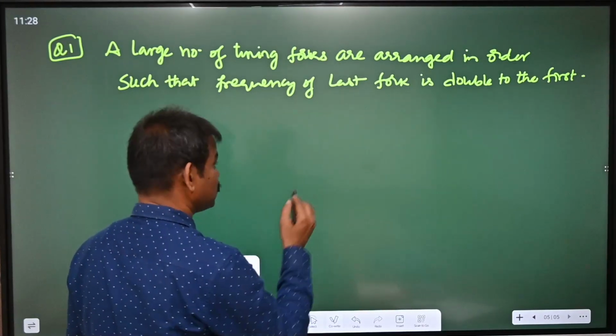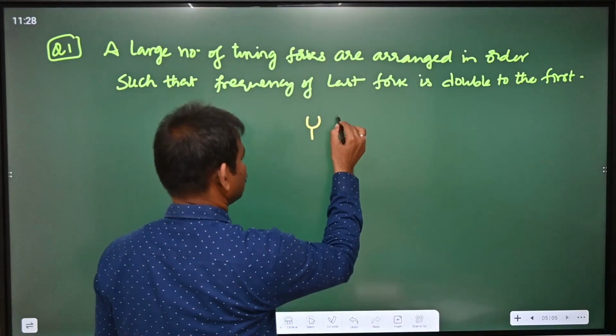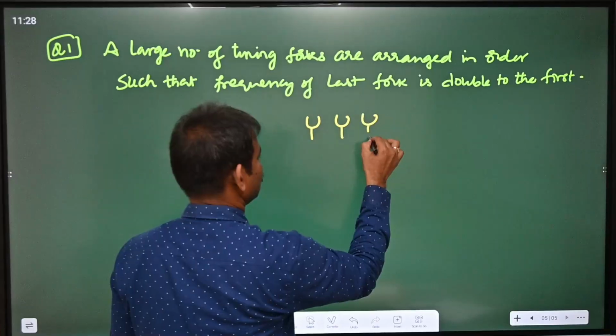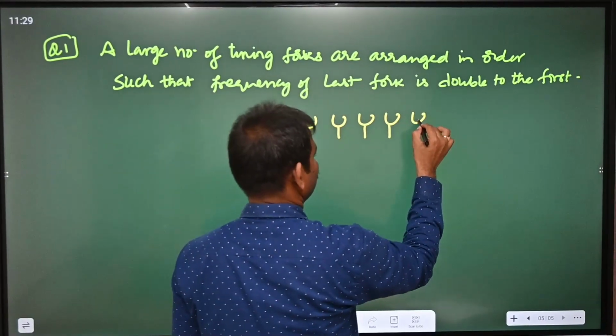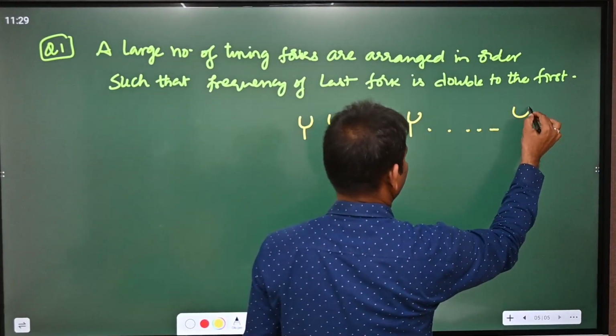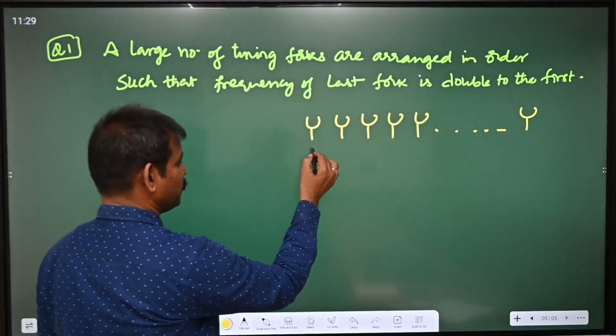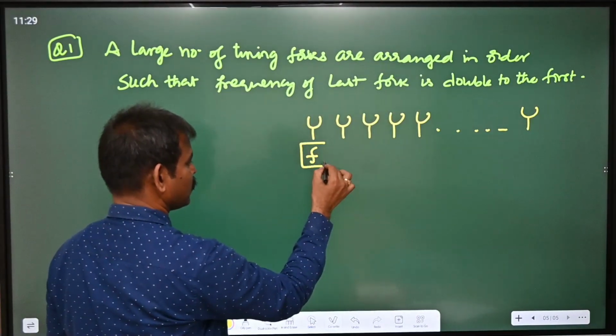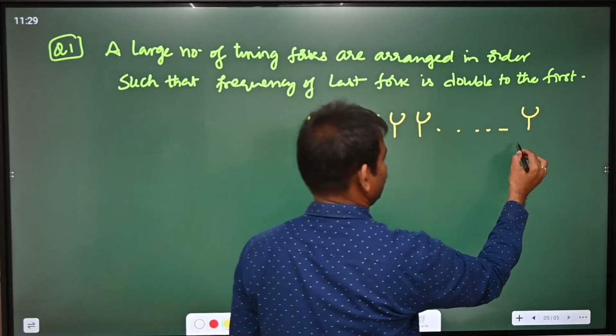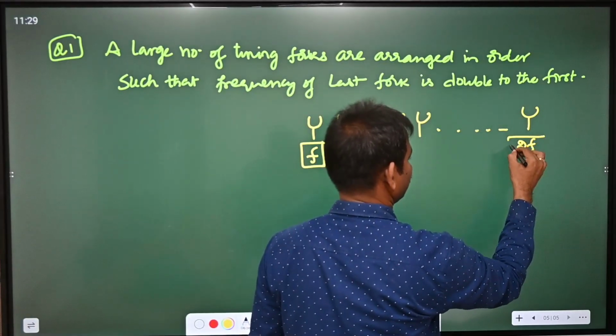Those tuning forks are, this is the first one, second one, third one, fourth one, fifth one, and the last one. Frequency of the first fork is f. Frequency of the last fork is 2f.